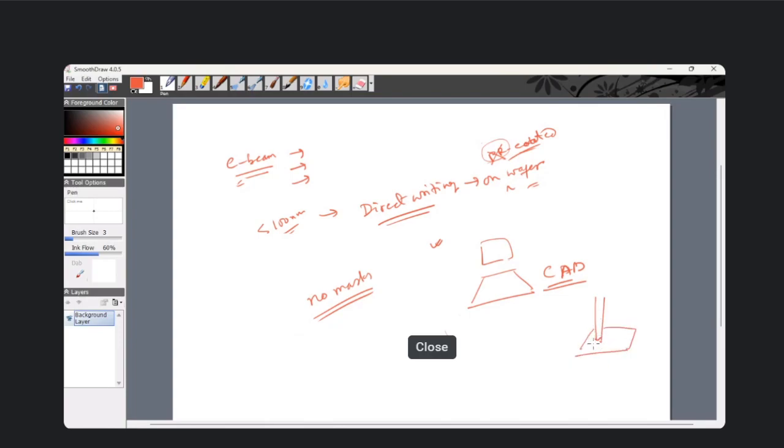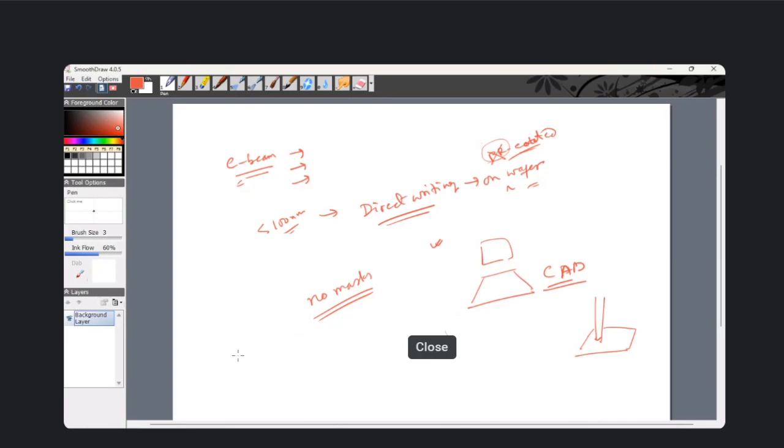It's right. Fantastic idea. But some problems are also associated with this e-beam system. The overall throughput of the system is not good. When you are writing directly on the chip, it is very difficult to write a complex circuit pattern.